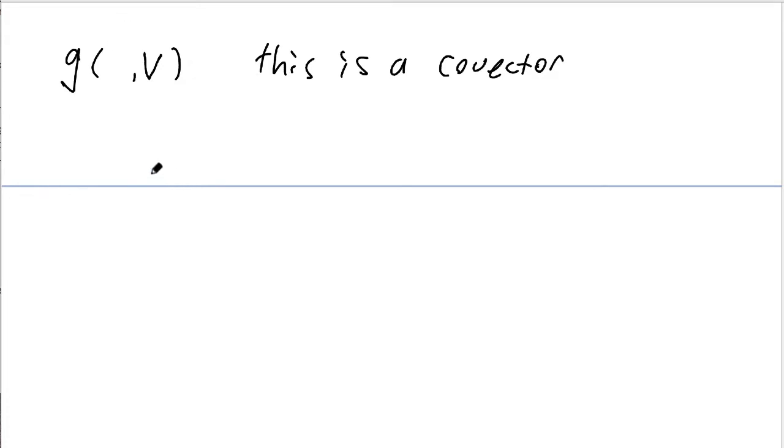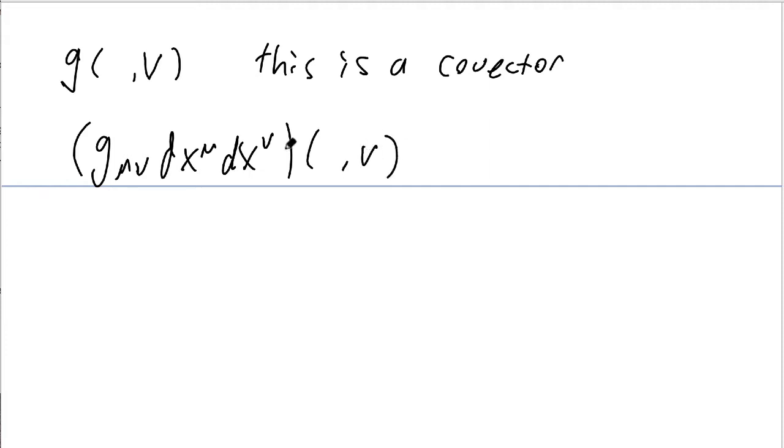Let's see how this works out in terms of coordinates. So g is the components g mu nu, dx mu, dx nu. And we're letting this act on a vector in one of the slots and leaving the other slot unfilled. It doesn't matter which of these factors, dx mu or dx nu, acts on this vector because this is symmetric.